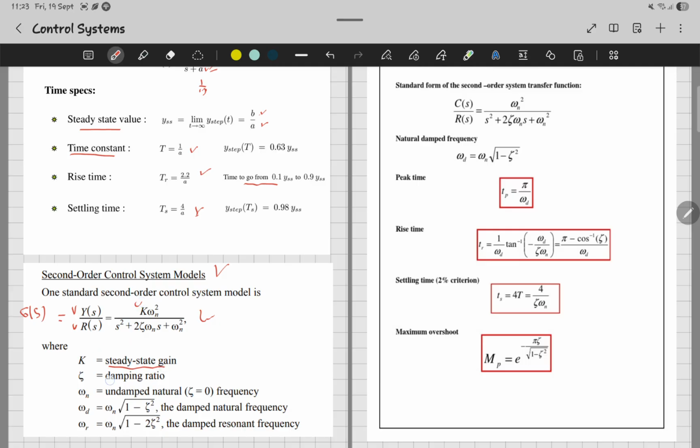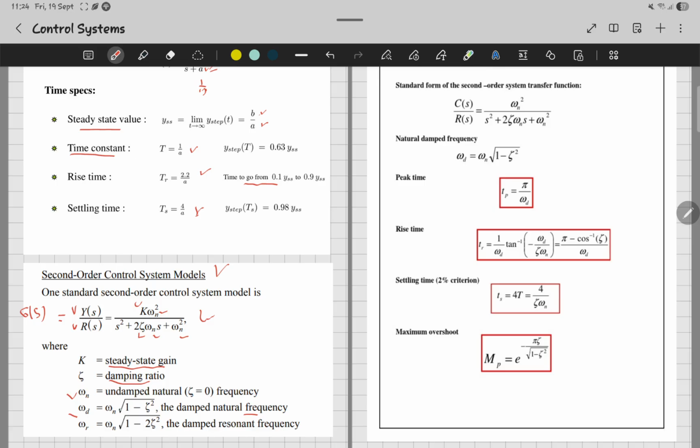This one is the damping ratio, which is why we call it the damping ratio. And the natural frequency is this one that you see. It's repeated everywhere. We're going to use this form to solve for the damped natural frequency.